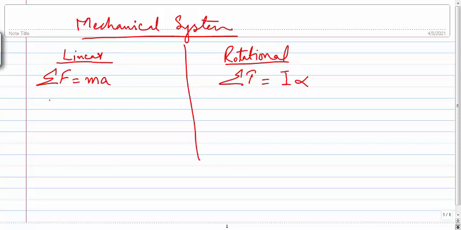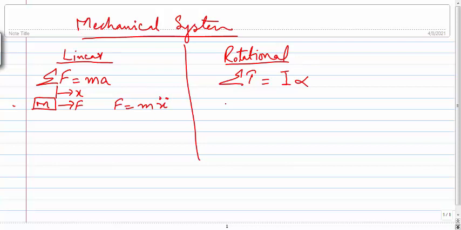Now before moving further, if we look at the components quickly, we have mass, the basic component that we want to move in a particular direction. If it is moving along some displacement, say x, and we apply a force in that direction, this force becomes F equal to m x double dot, because acceleration is the second derivative.